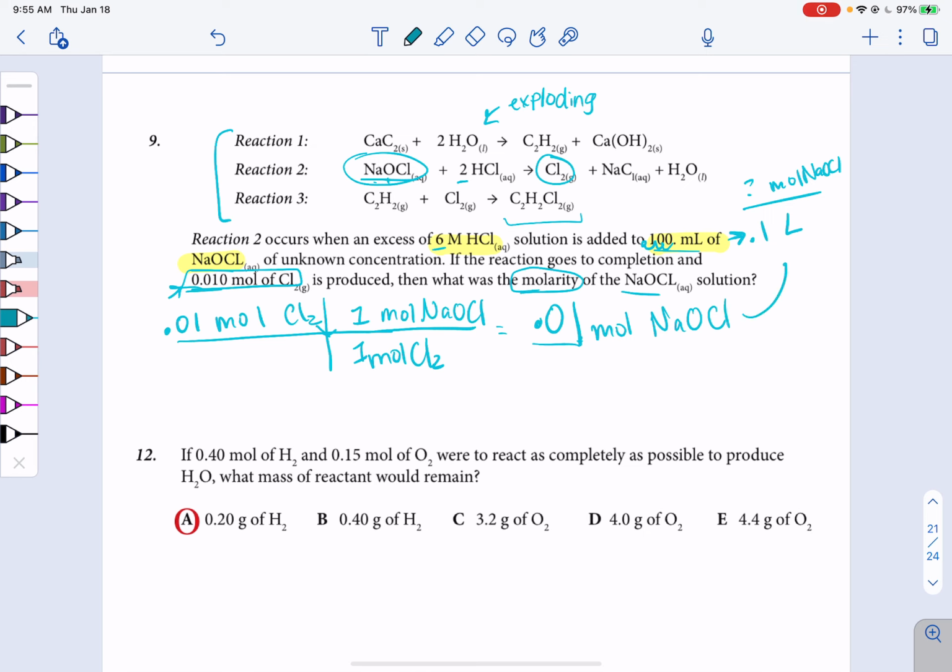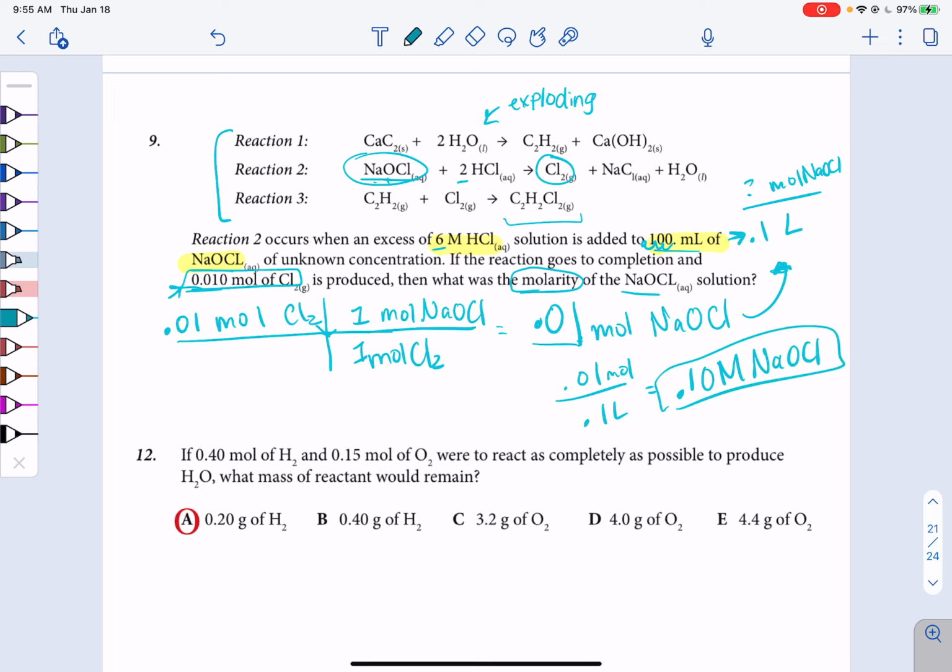So now that you know the moles, you can put it into your molarity equation right there. Say 0.01 moles divided by 0.1 liters, and you get 0.10 molarity for that NaOCl. And that was answer choice C.